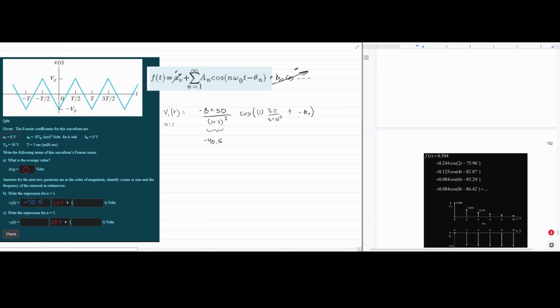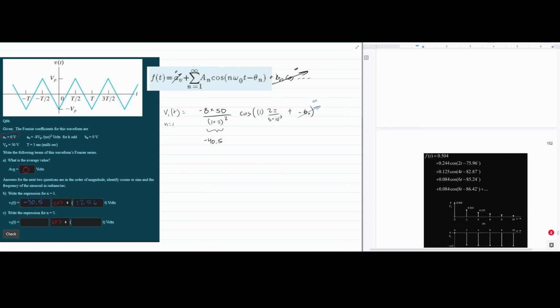Since we don't have an angle, it's going to be 0. All we need to plug into our calculator is 1 times 2 pi divided by parenthesis 5 times 10 to the negative 3. And then inside of here, we are going to get approximately 1,256 times our t volts.